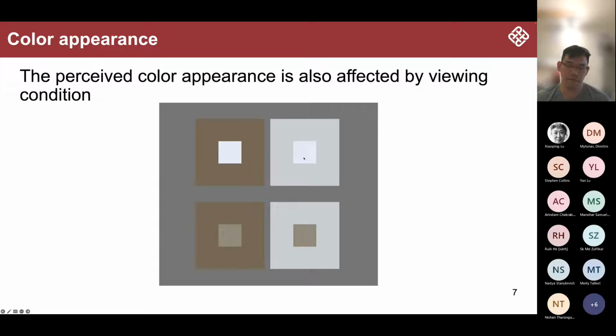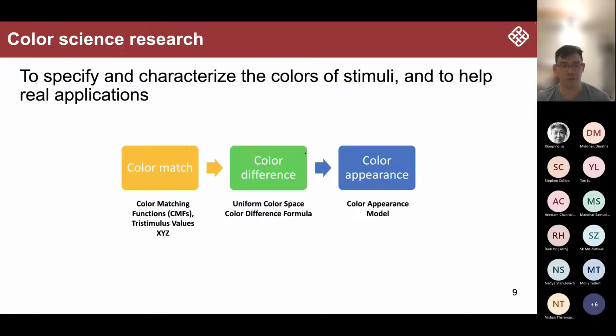But very obviously, our perception tells us they are not the same, so the color appearances are not the same. In other words, the perceived color appearance is also affected by the viewing condition. This is how we start to characterize and care about how we can specify the color of the stimuli, and we are also trying to use the studies to help real applications.